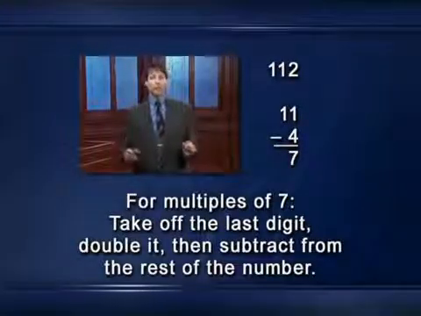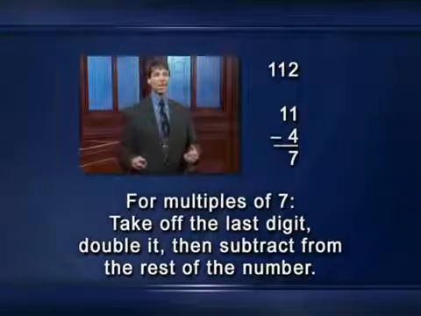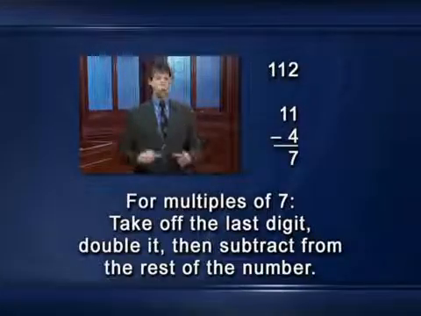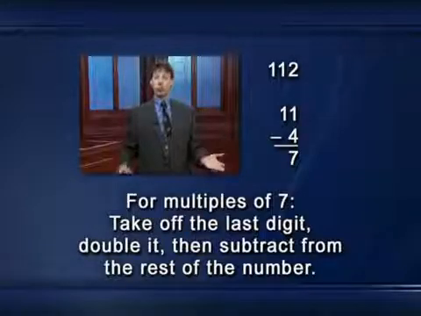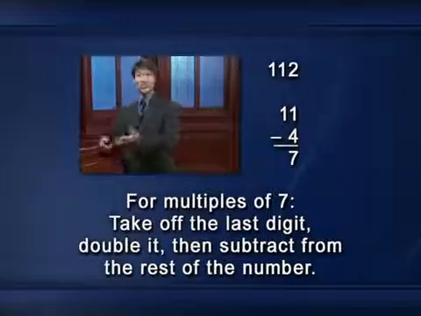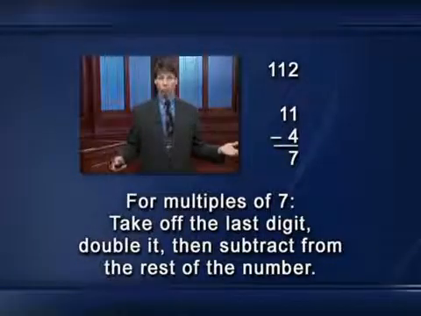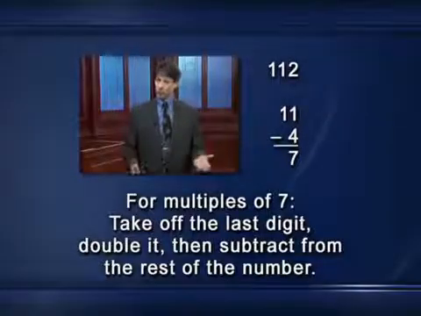The original number is a multiple of 7 if and only if the new number is a multiple of 7. Since 112 reduced us to the number 7, then 112 is a multiple of 7.